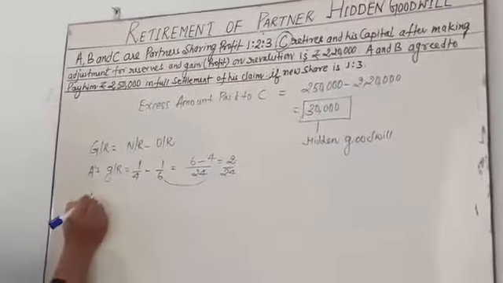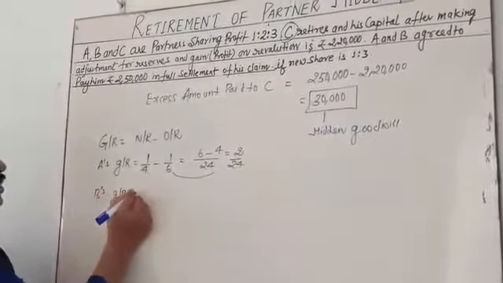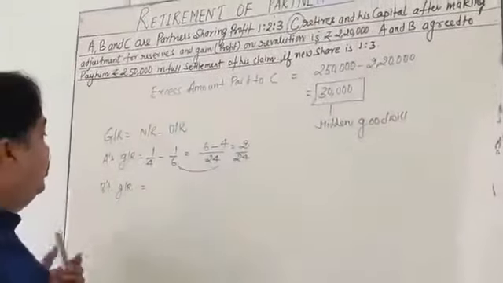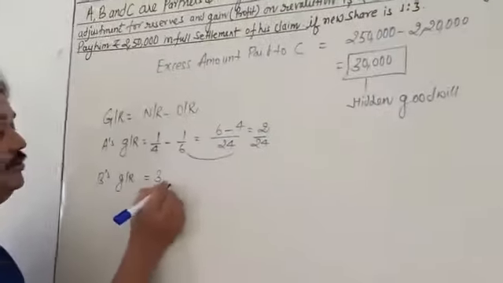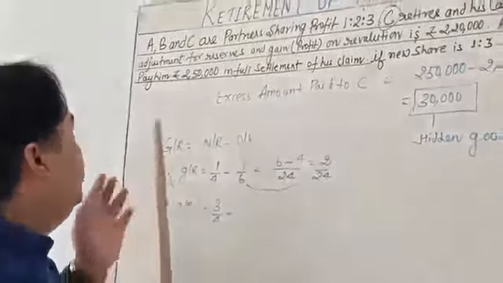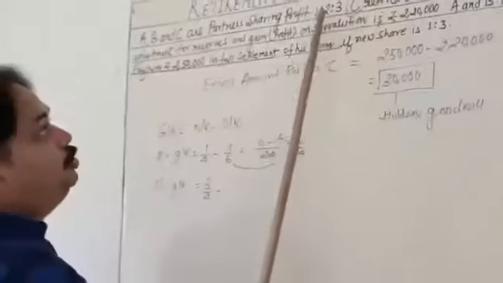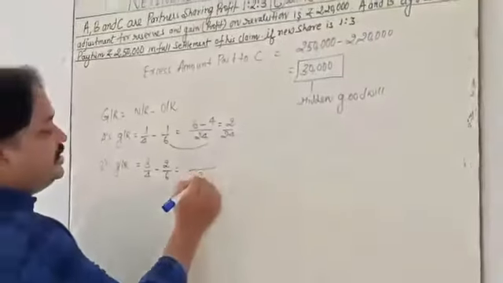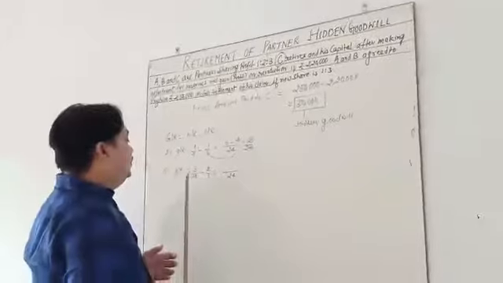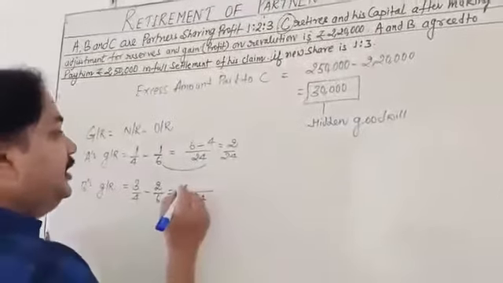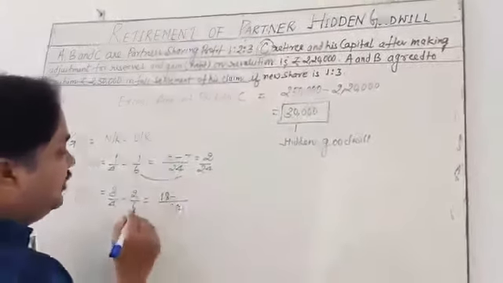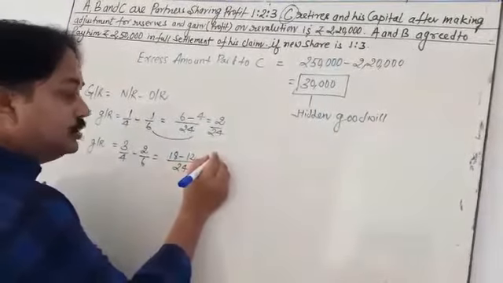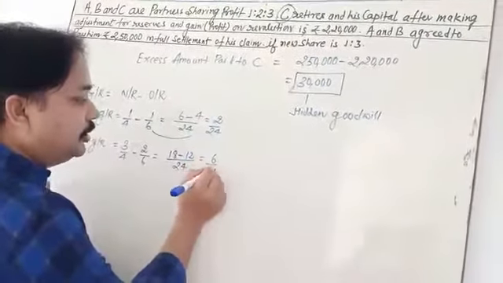What is the new ratio of B? 3/4 minus the old ratio of B, which is 2/6. Take the LCM 24. 24 divided by 4 is 6, times 3 is 18, minus 24 divided by 6 is 4, times 2 is 8, so you get 10/24.